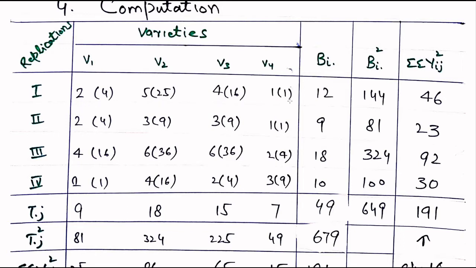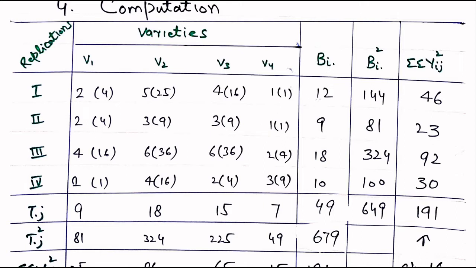Adding these terms row side, 2 plus 5 is 7 plus 4 is 9, 2 plus 5 is 7 plus 4 is 11 plus 1 is 12. So first is 12, second 2 plus 3 is 5, 3 is 8, 1 is 9. So adding row wise, we get Bi dot.